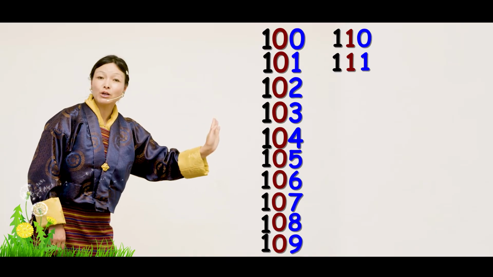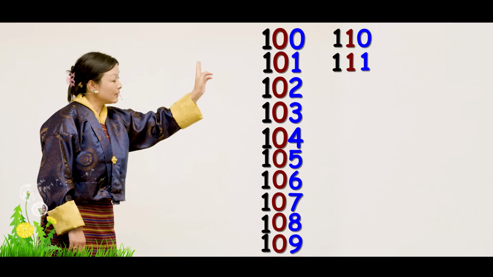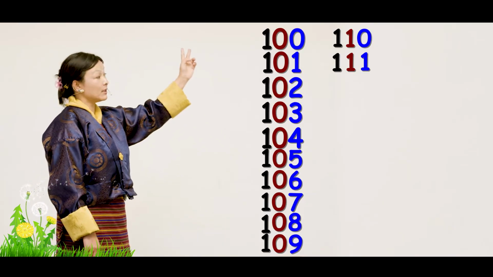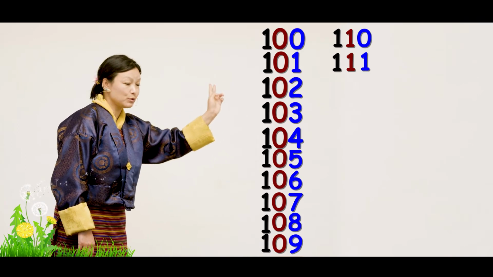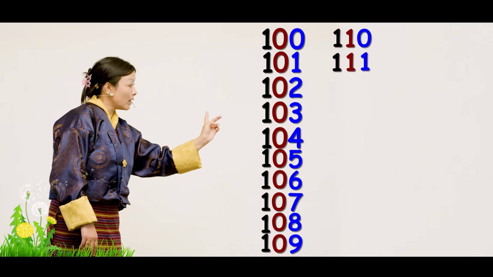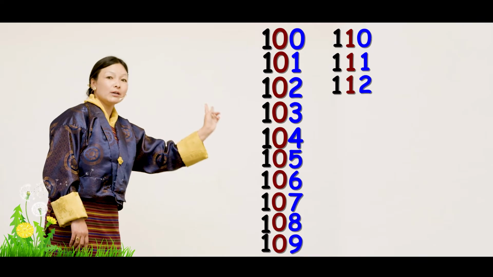So here also the pattern you have to follow is that 1 remains the same, and then in the tens and ones the number changes. Like if you look here, first is 10, 1, 0, 10. Then 1, 1, 11. Then 1, 2, 12. So it is 112.